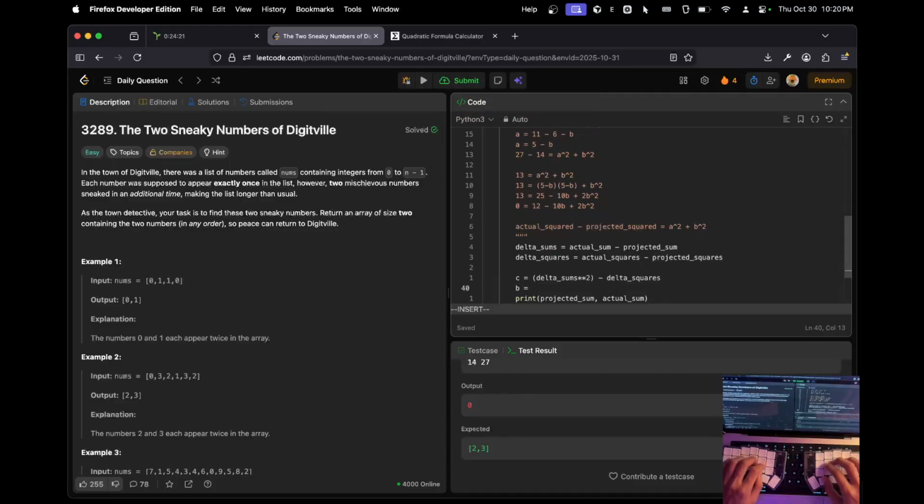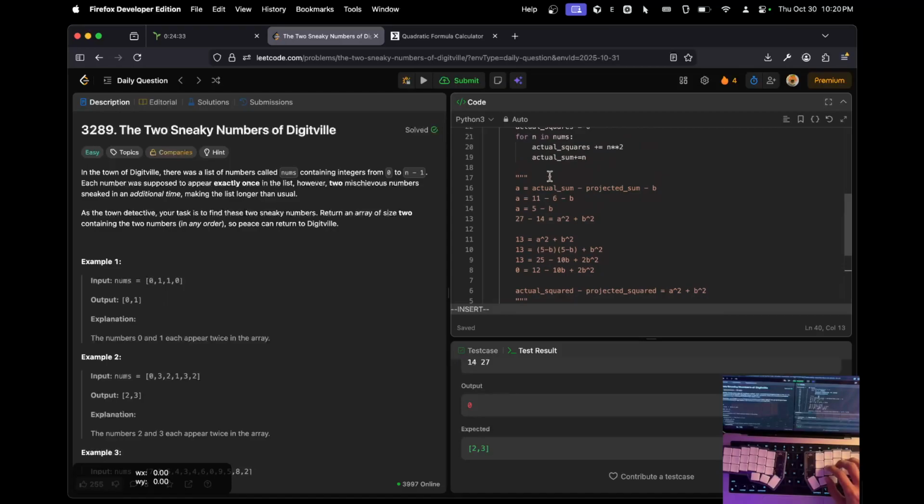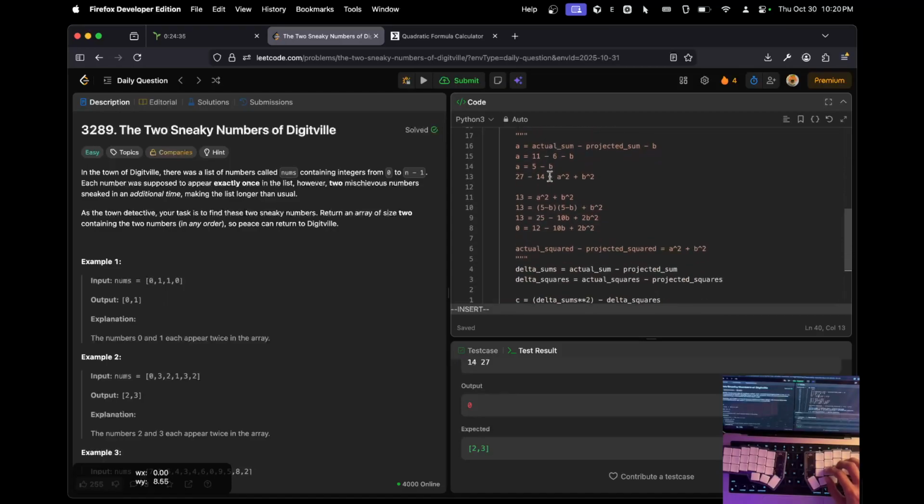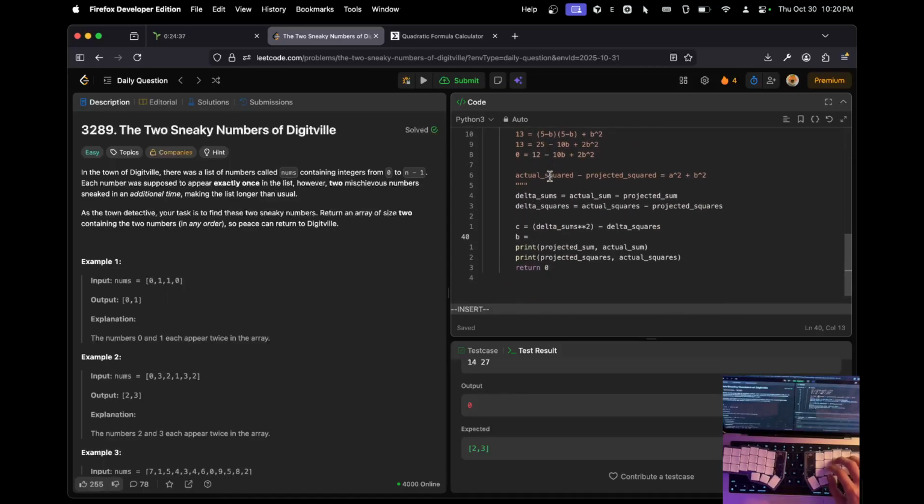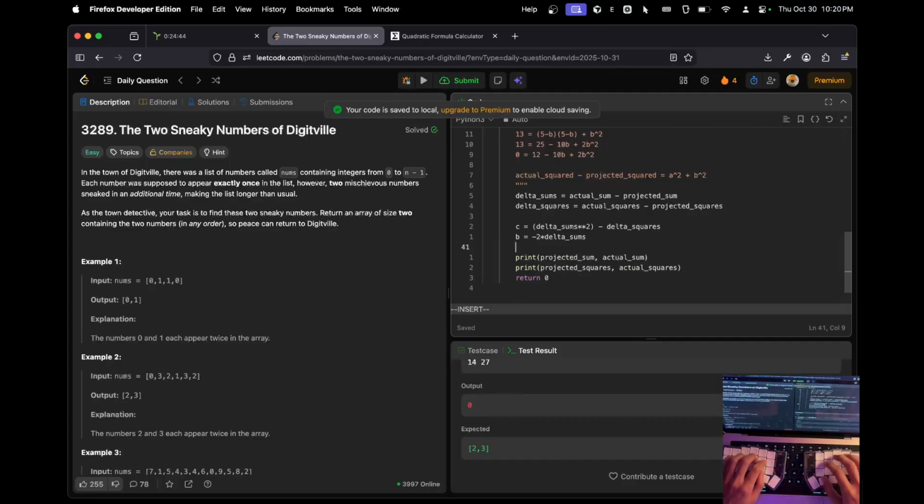B is going to be equal to just 2 times your delta of sums, or negative 2, I mean, times your delta of sums.